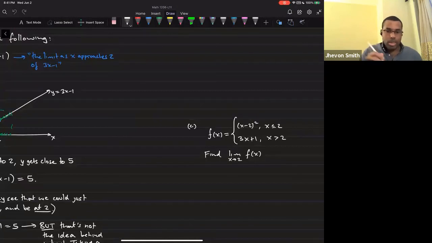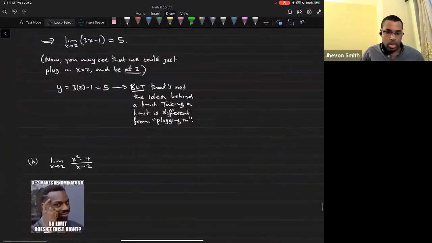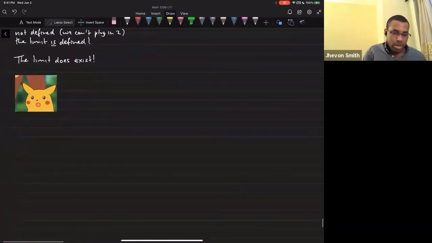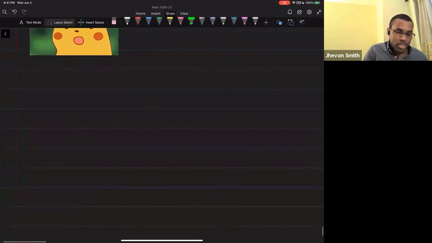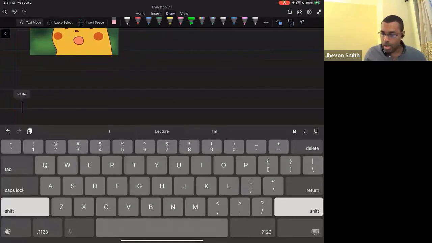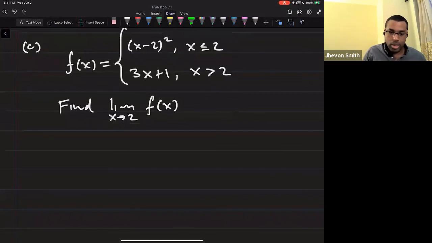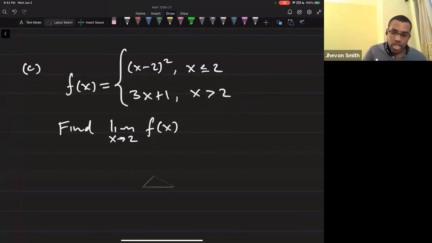Here's a third example. I'm doing these examples, and I'm not going to expect you to draw a picture every time I do a limit, but I really want you guys to get the concept of what we're doing here, because that will actually help you out in certain situations. Eventually I'm going to teach you how to compute limits where you don't have to draw a picture.